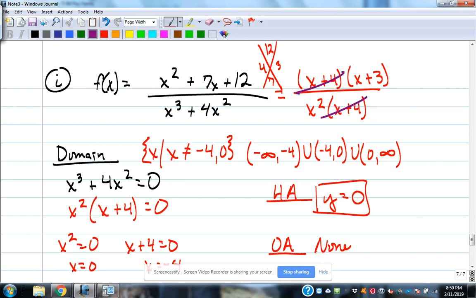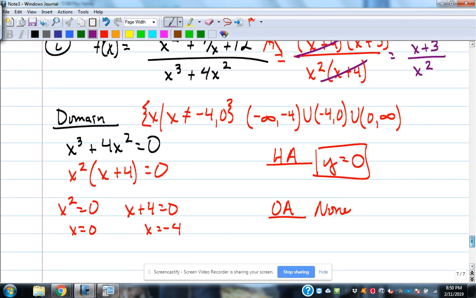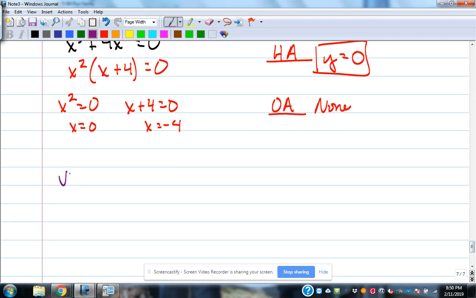The x plus 4's cancel. So my simplified version has x plus 3 over x squared. So my vertical asymptotes, I don't have the minus 4 anymore because it canceled out. The only one I have is at x equals 0. That's what happens when you have a cancellation and it simplifies, one of your vertical asymptotes goes away.